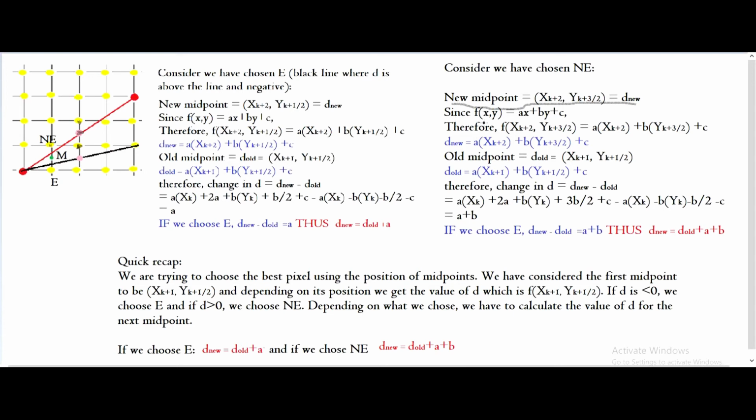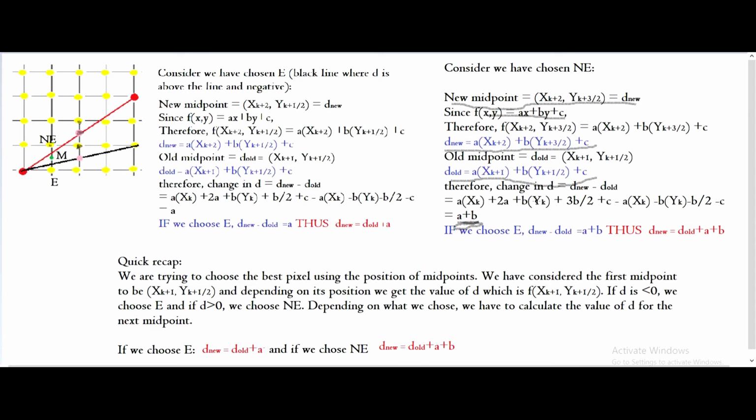So again, we know that f(x,y) is equal to ax plus by plus c. We expand it in that form. We get d new as this here. And we've just done this before with E. Our old midpoint can be written as here. And we calculate the difference between d new and d old. And we get this as a plus b. Okay, so I'm not showing you how the calculation has been done.